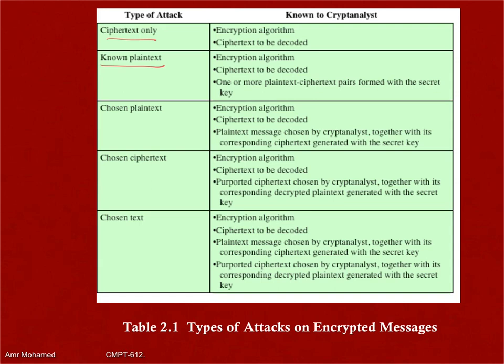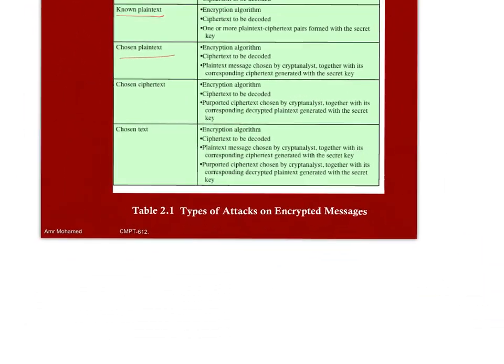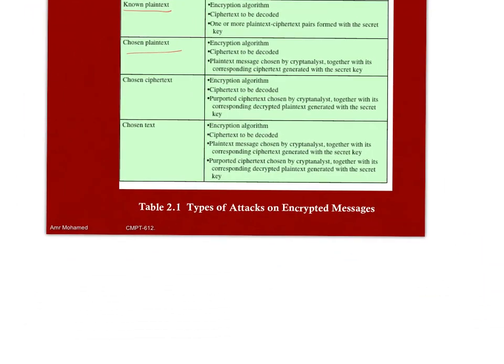But there is also an interesting assumption, that not only does the attacker know the ciphertext and or the plain text, we may have an assumption that the attacker may actually choose the plain text that they can get the ciphertext for.